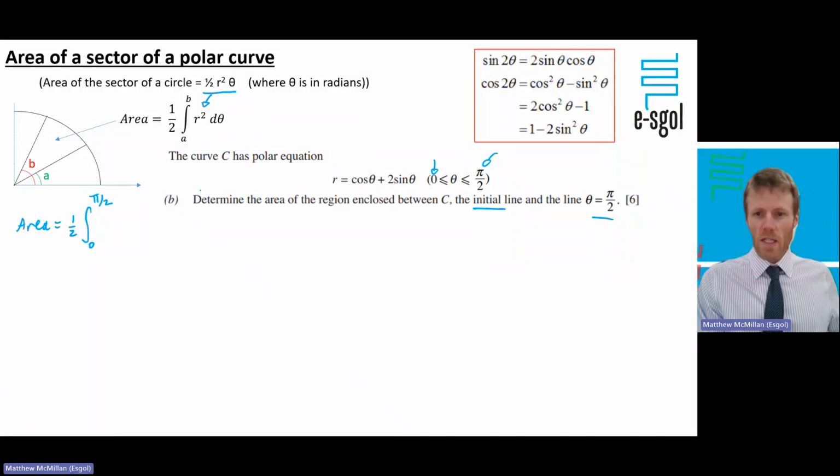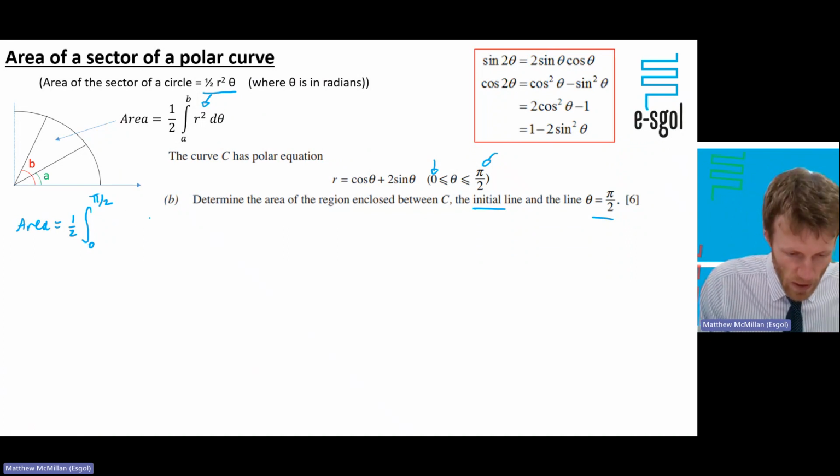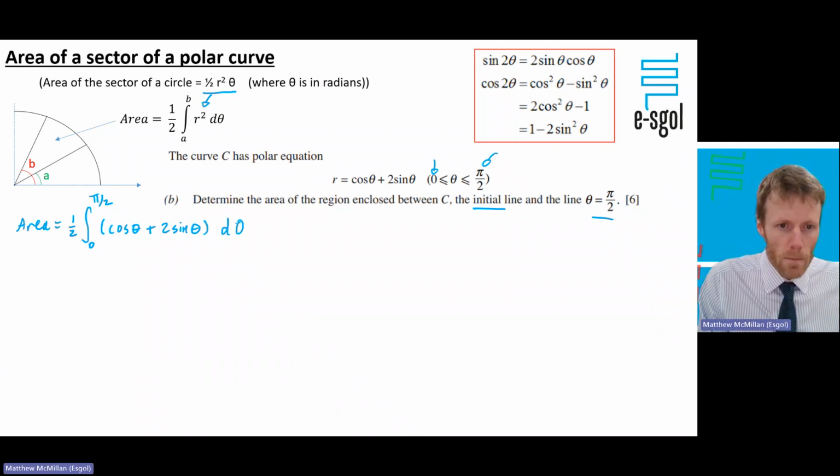Very often in part A, they actually get you to find those points because it might be the intersection of two curves. And then we're integrating cos theta plus 2 sine theta. However, we have to be careful here, because it says do r squared, so we have to square it at this point.